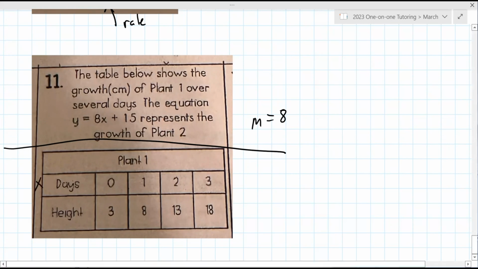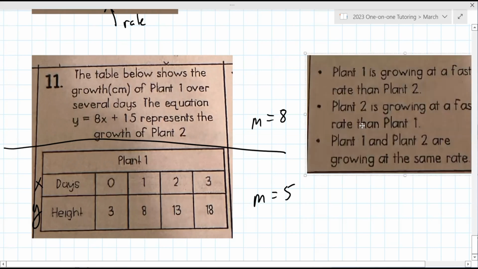Think of days as x, height as y. So 5/1. You always just write it as 5. So which would be the correct answer? Oh, there's 3 choices this time. The second one. Plant 2 is growing. Yeah, so they switched the order there. That one's correct.